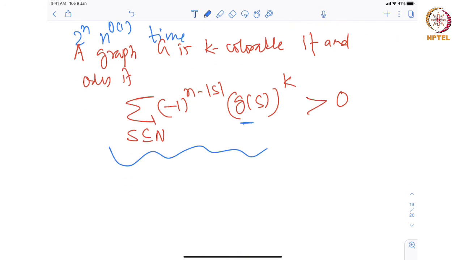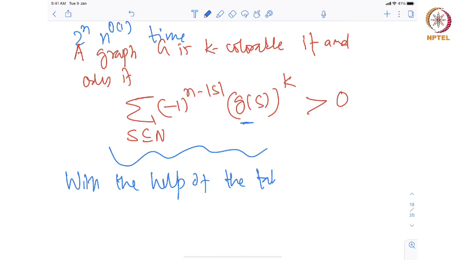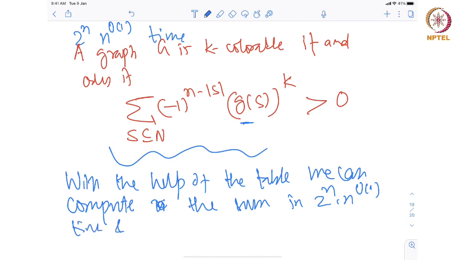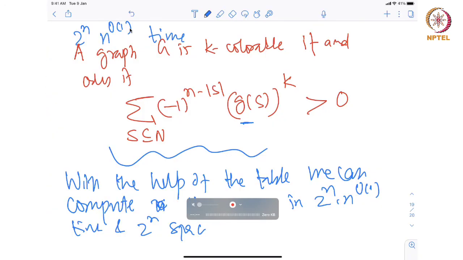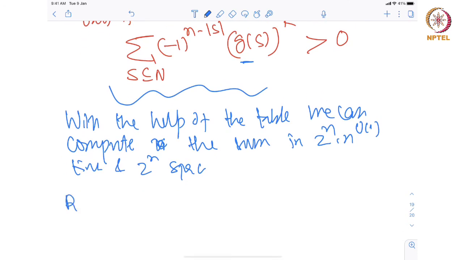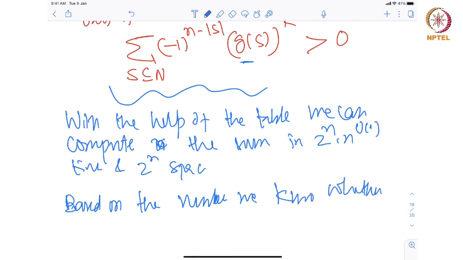So with the help of this table, we can compute the sum in 2 power n times n to the power big O of 1 time and 2 power n space, okay, 2 power n time and 2 power n space, and based on the number we know whether G is k-colorable or not.